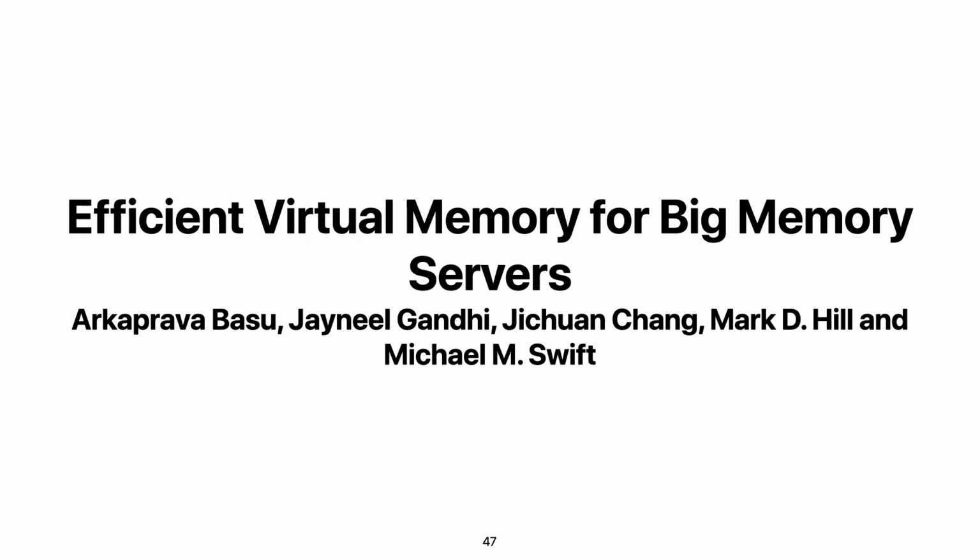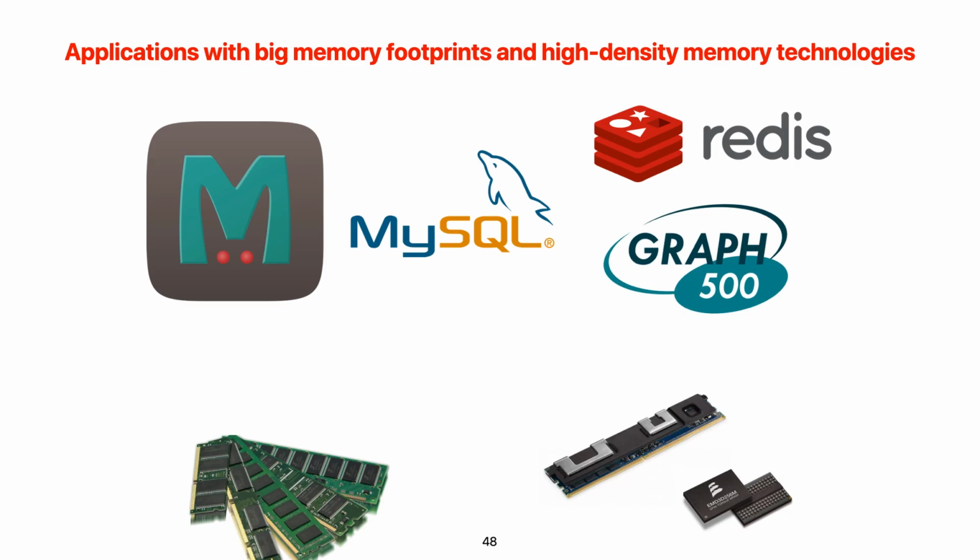Now, at the end of the lecture, I'm going to talk about something more about the future. Previously we mostly talked about incorporating faster memory technologies like SRAM in your systems.